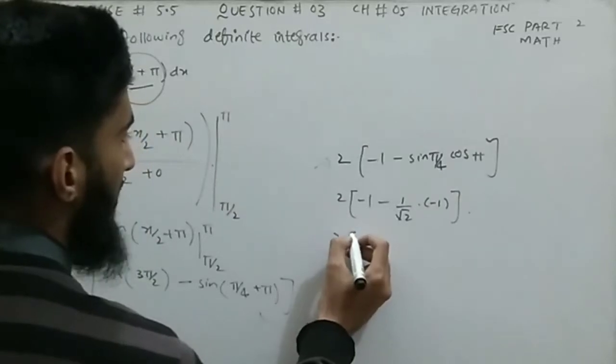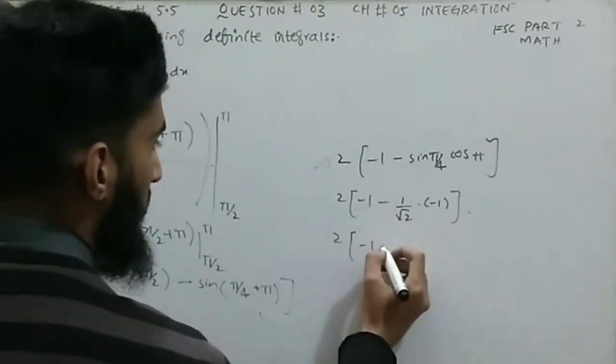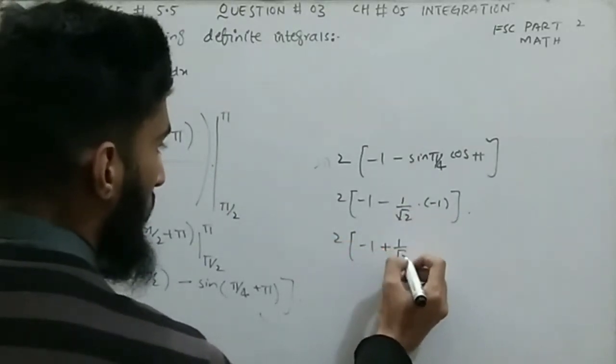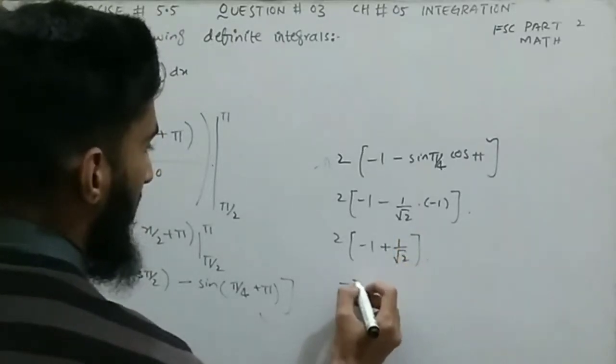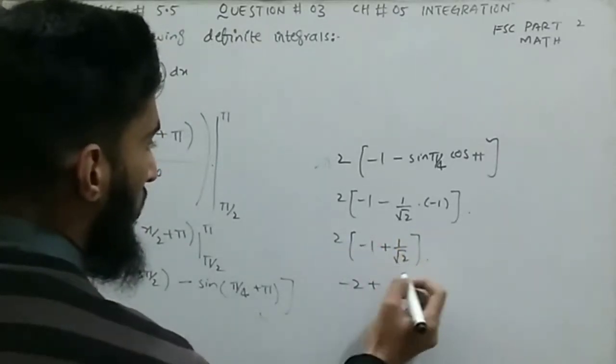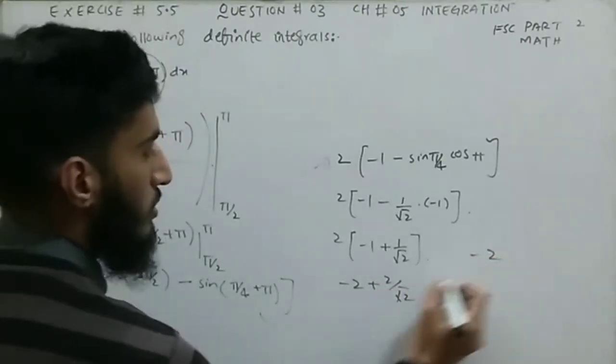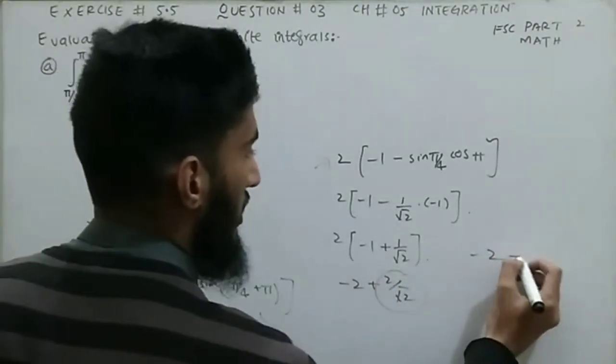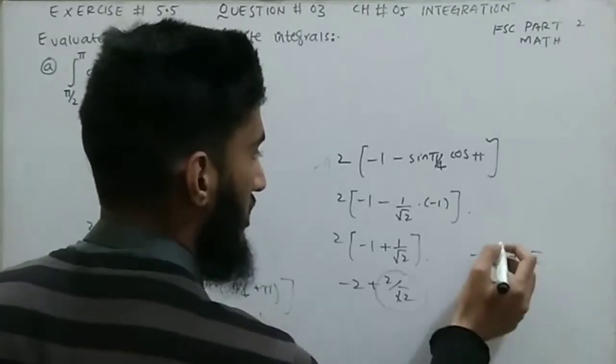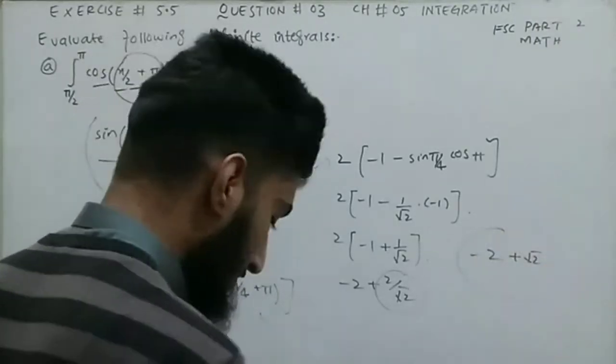So it becomes 2 times -1, and minus into minus gives us +1 divided by square root of 2. By simplification it becomes -2 plus 2 by square root of 2. 2 upon square root of 2 is equal to root 2. So this is the simplified form.